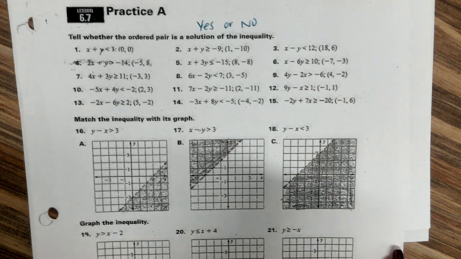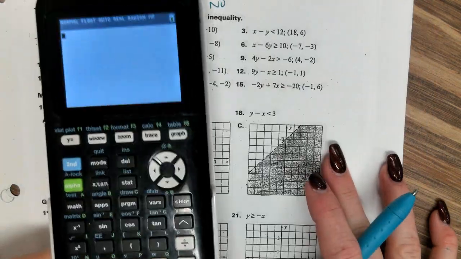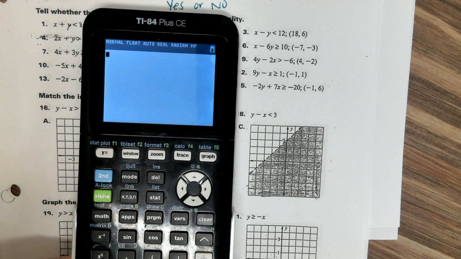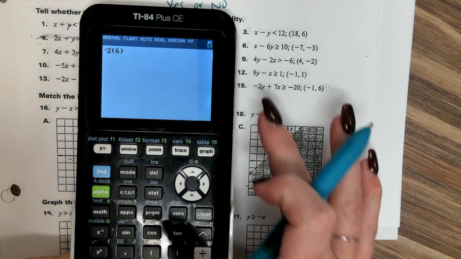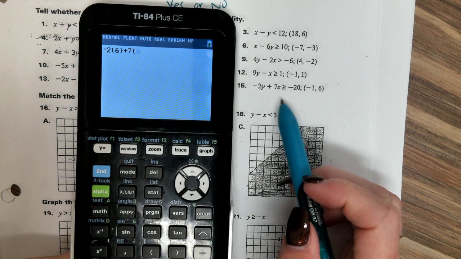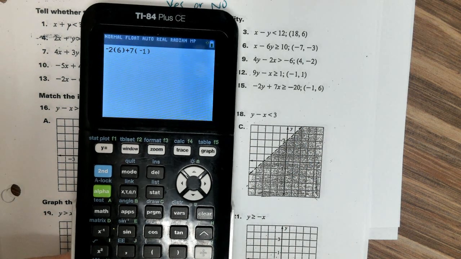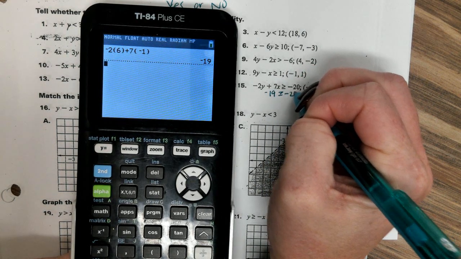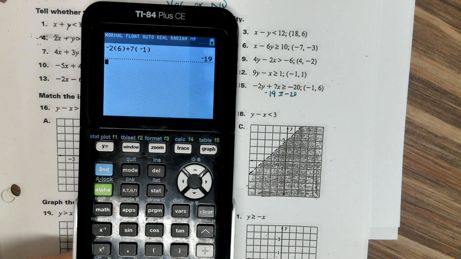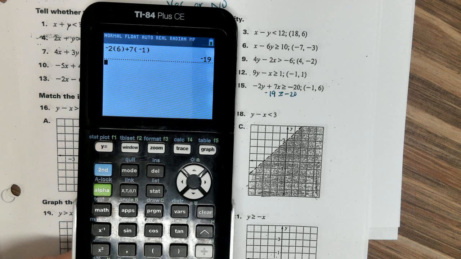Let me go do a harder one. Let me go do number 15. Number 15 is negative 2 times y, which is 6, plus 7 times x, which is negative 1. Negative 19. Is negative 19 greater than or equal to negative 20? Think before you answer, please.